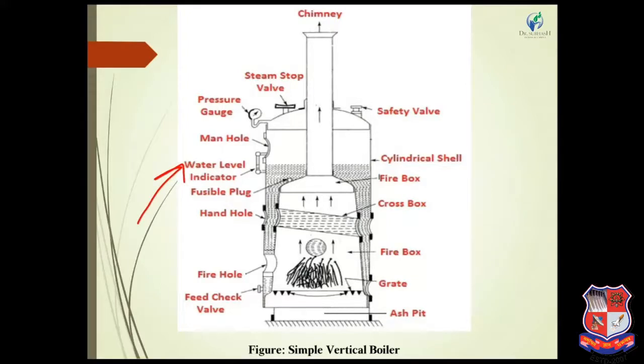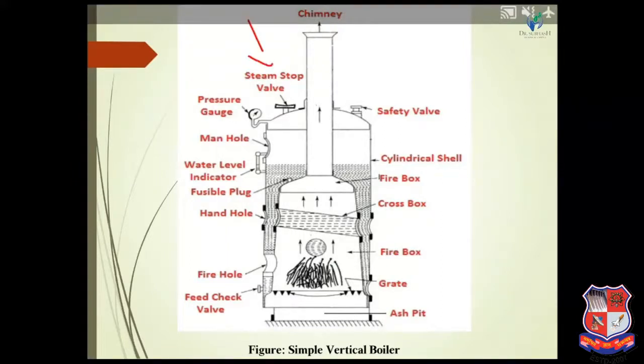Water level indicator: the water level indicator shows how much water is inside the boiler, whether the level is low, high or medium. Manhole: this is also used in the stop or shutdown condition for cleaning the inside of the boiler. There is a pressure gauge to know the pressure inside the boiler, how much pressure it is operating at.